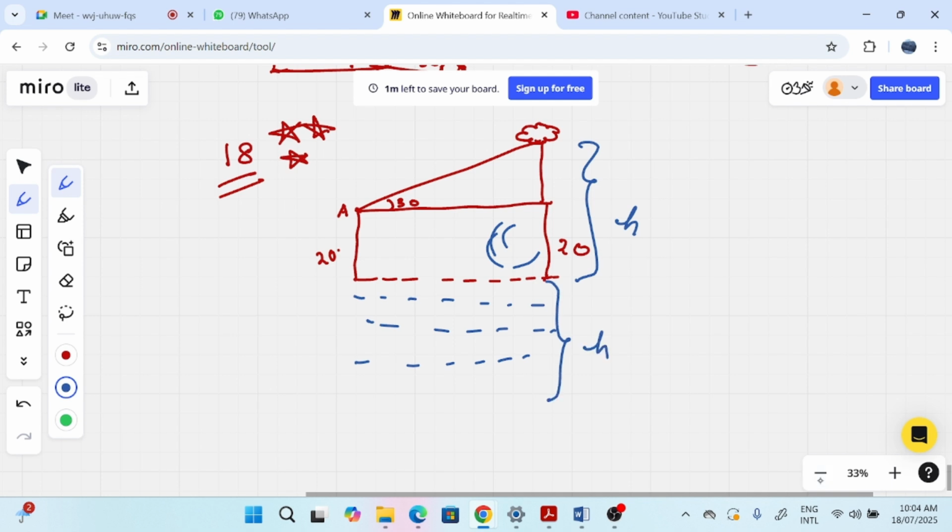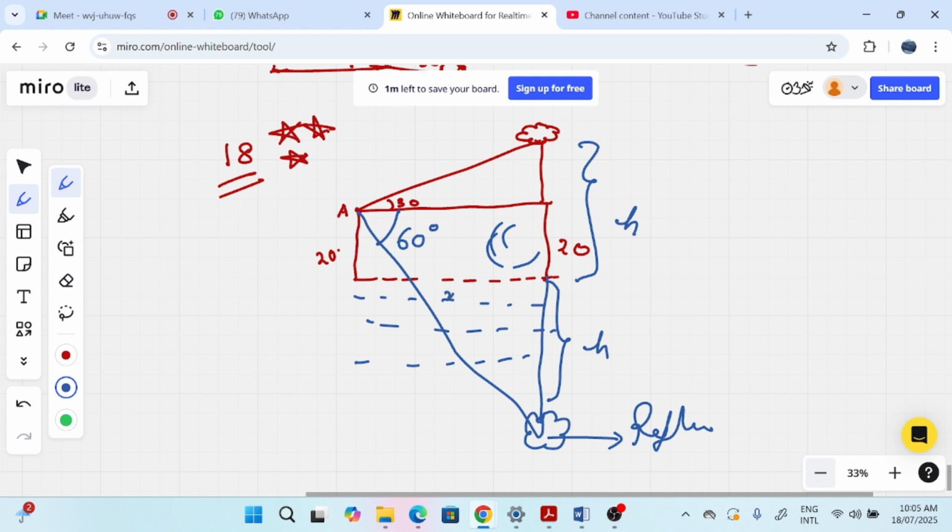So the reflection of the cloud will fall somewhere here. This is the reflection of the cloud. Then the guy is looking down at an angle of 60 degrees at the reflection.